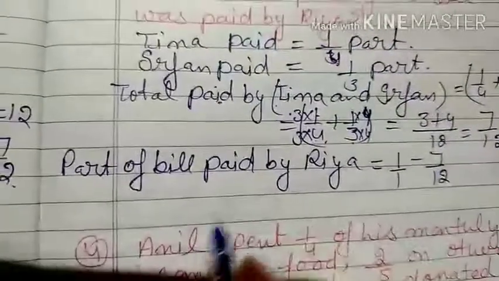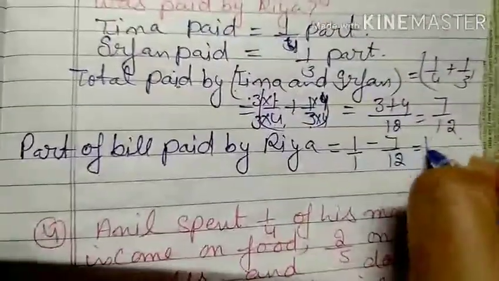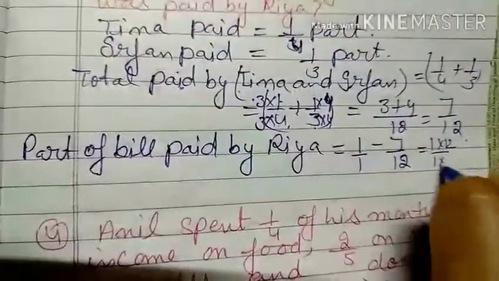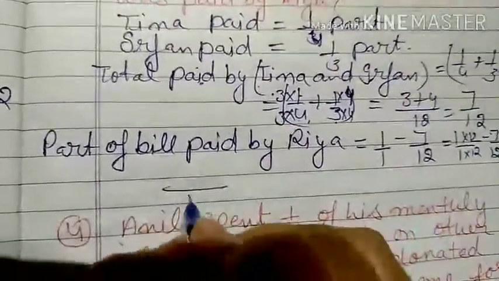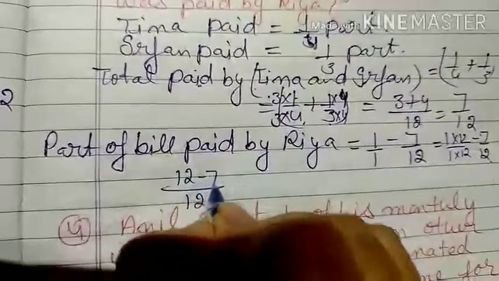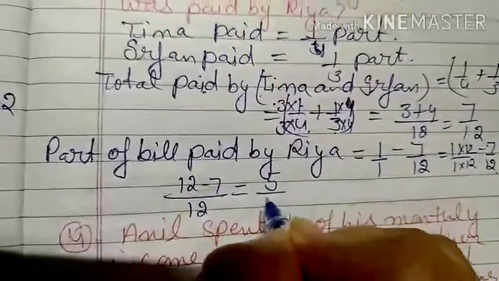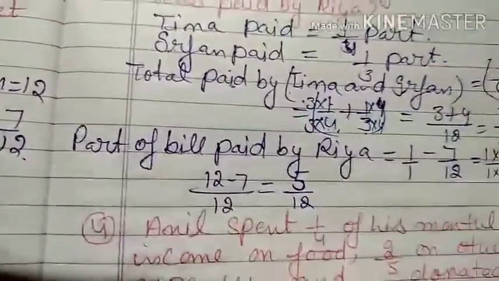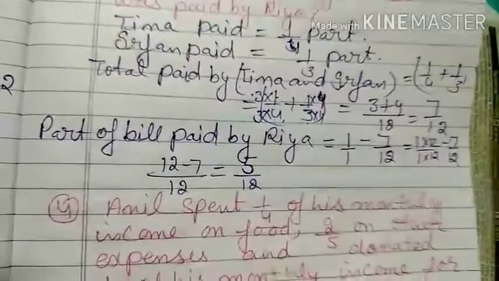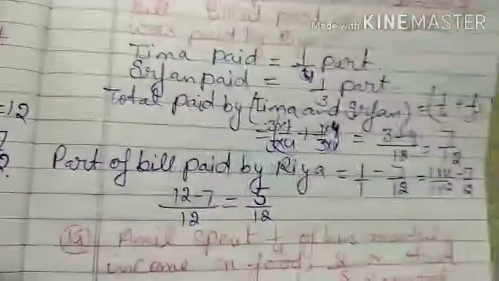Again we take the LCM 12, so that is 1 into 12 by 12 minus 7 by 12. Now 12 is common, 12 minus 7 is 5 by 12. That means Ria only paid 5 by 12, and Irfan and Tina together paid 7 by 12 part of the bill.